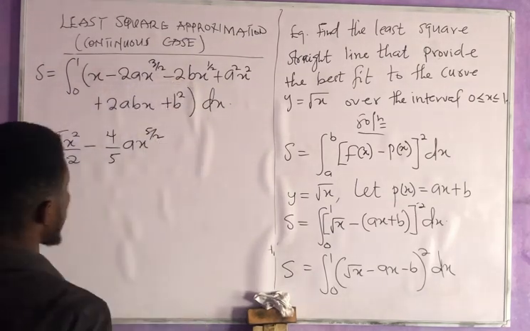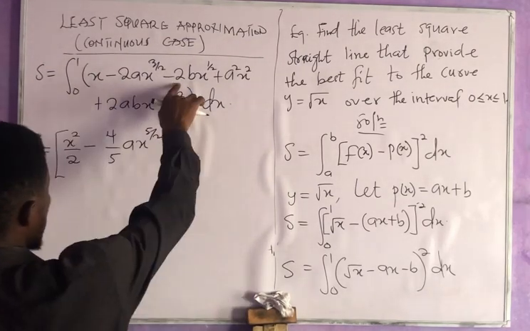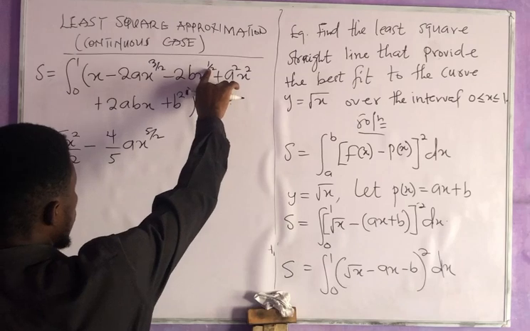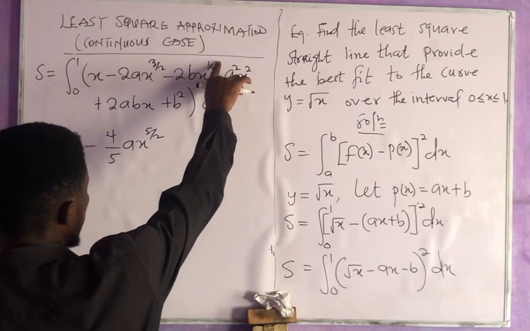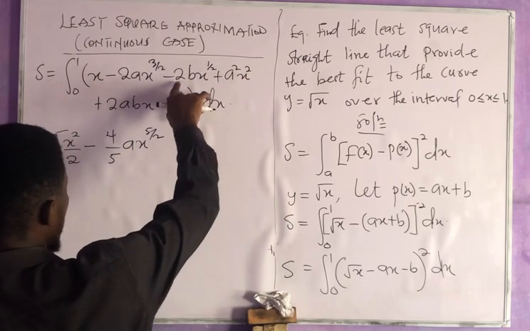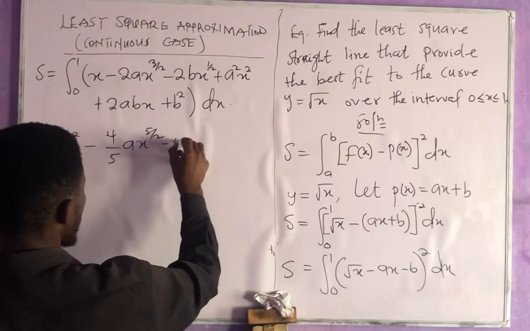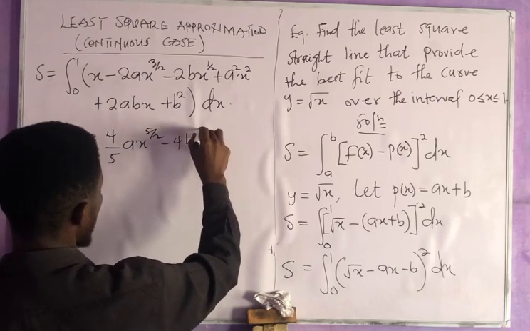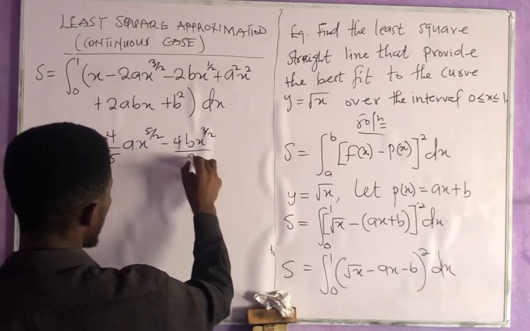So don't be confused. You can do it on your own and see whether what I'm saying is correct. Now let's check this one too. If you integrate this, this one will give us 1 over 2 plus 1, that will be 3 over 2. So the 2 can multiply this, that will give us minus 4 b x to the power 3 over 2 over 3.